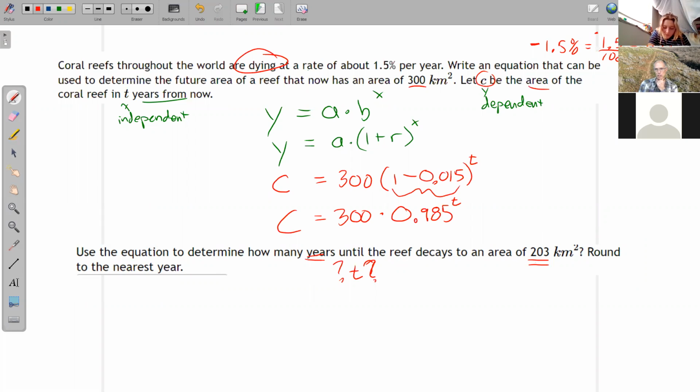That's my C. So they're saying C is 203. So just double check with yourself which variable you're given, the independent or the dependent. So in my equation right here, I'm going to plug in 203 for C. So we dropped from the 300. How many years until that happens? So we have to figure out what T is.